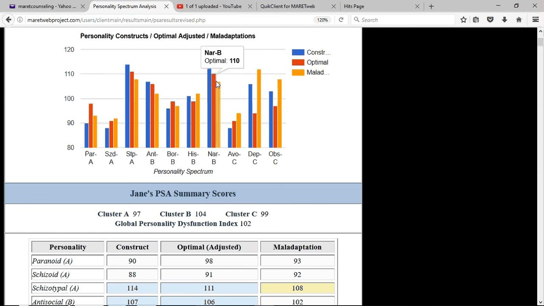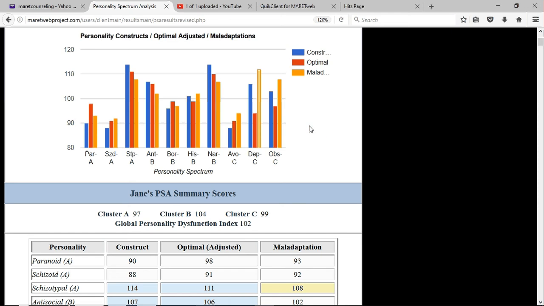You want it to look like this. You want it to look like this. You want it to look as messed up like this. You don't want maladaptation to be ruling the roost. We'll talk about how that happens in reality as far as getting that down.